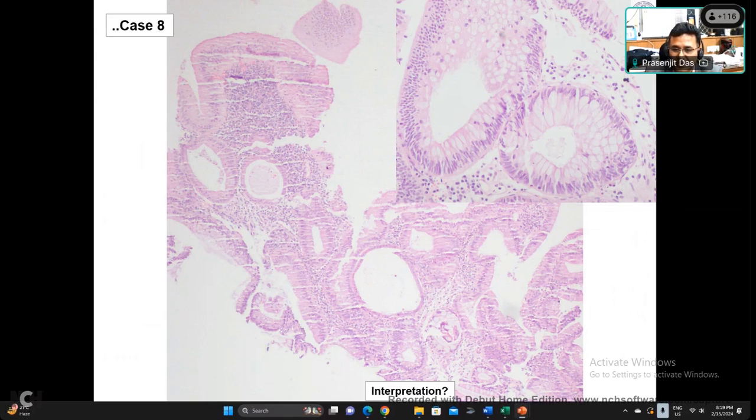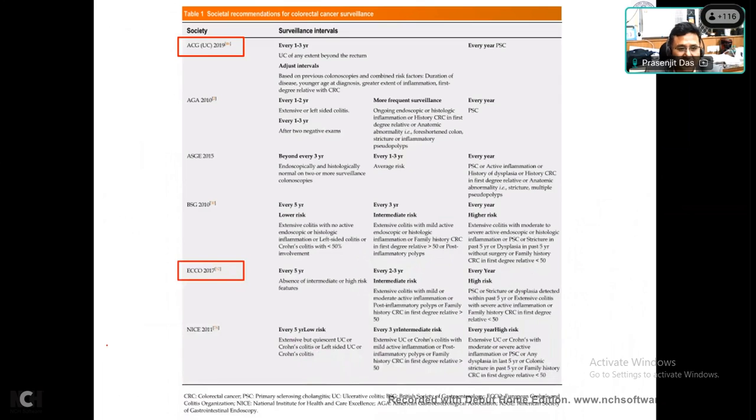All of you know how the surveillance is done based on the risk factors. It is done either yearly, or every 3 years, or 5 years. High risk features include pancolitis. Pancolitis means the inflammation starts from the rectum and crosses the splenic flexure.